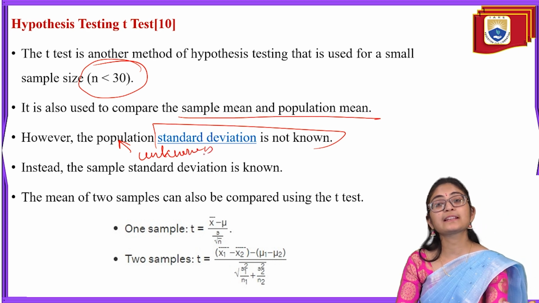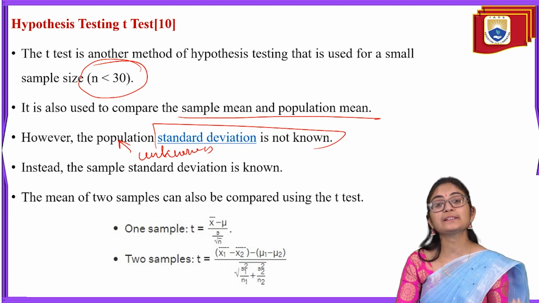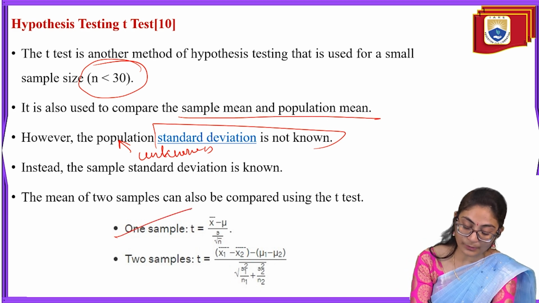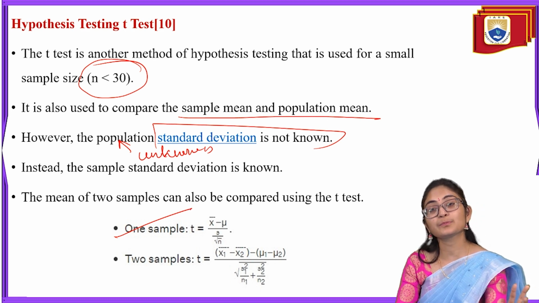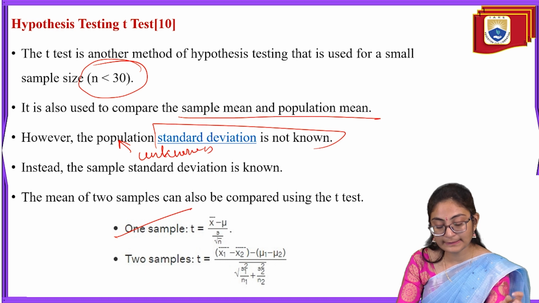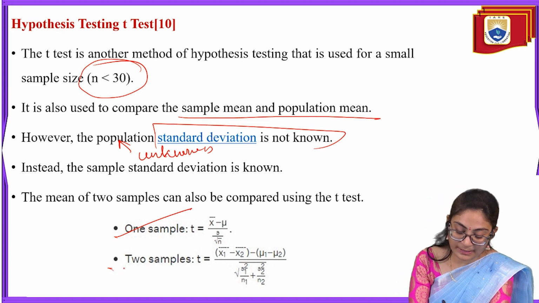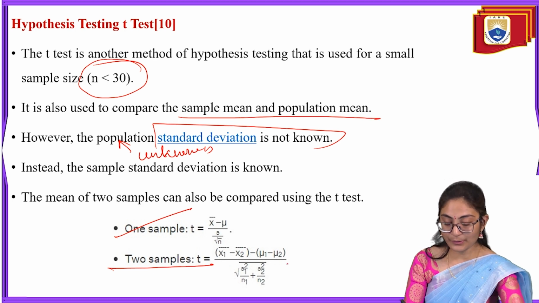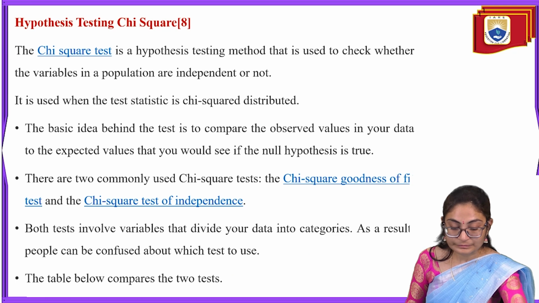Instead, the sample standard deviation is known. The means of two samples can also be compared using the t-test. When you have one sample, then t is equal to x bar minus mu upon s divided by square root of n, and when you have two samples, this is your formula, so you can use it when you have two samples.